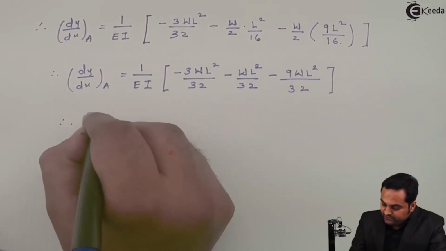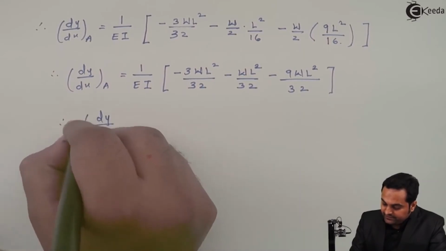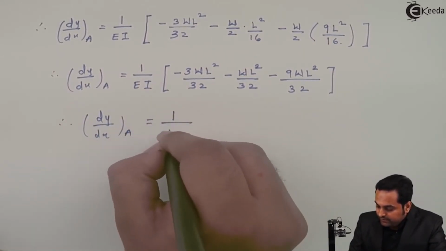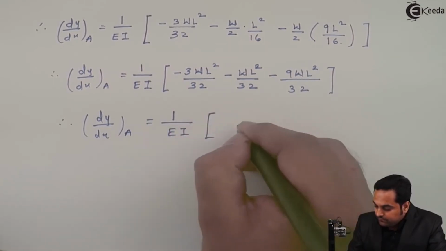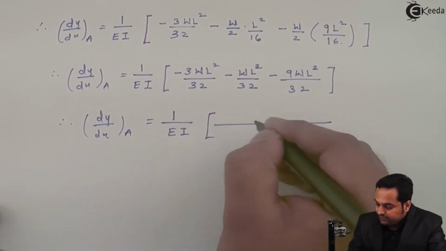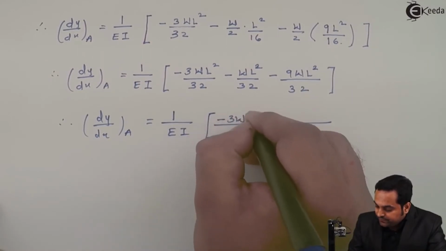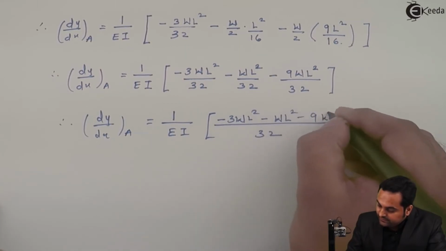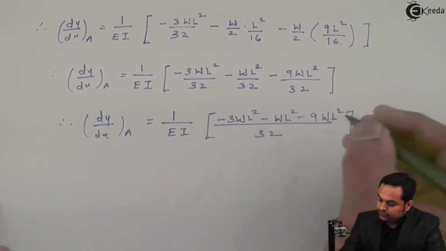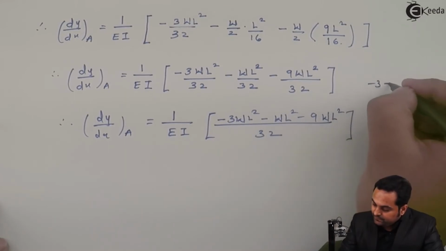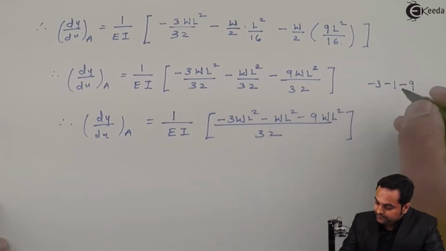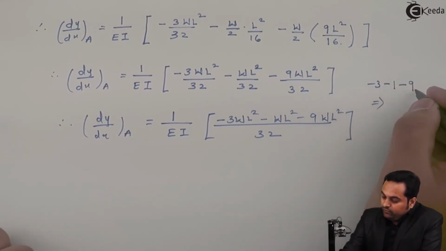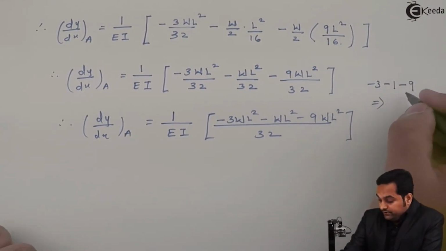So on further simplification, dy by dx at A will be 1 upon EI. 32, I can take it common in the denominator. So minus 3WL square minus WL square minus 9WL square. So here we have minus 3 minus 1 minus 9. So if I add the terms here, 3, 1, 4 and 9, that becomes 13.